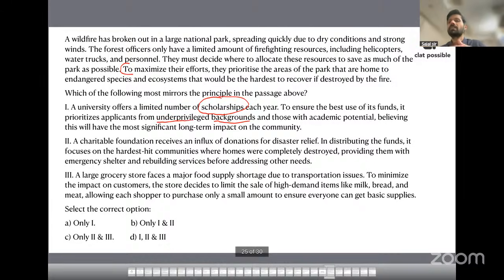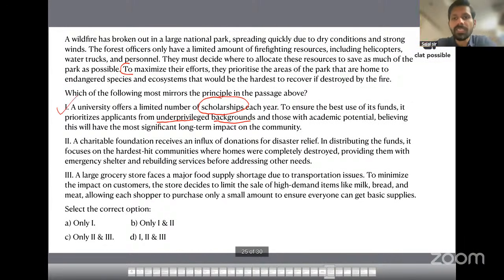They are again prioritizing those who would need these scholarships the most, right? This is much like I'm prioritizing endangered species and ecosystems, right? They would be the ones that would need the most attention at that moment in time. So one is aligning with that principle.